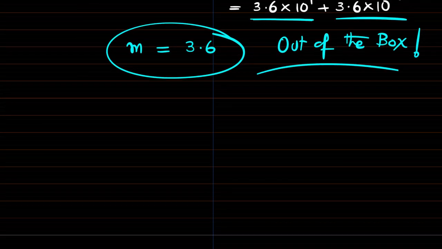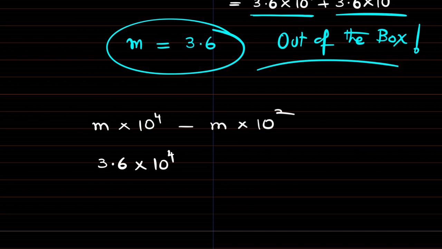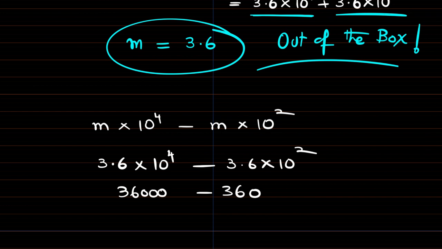Now let's go to the last part, which is simply easy peasy. That is m into 10 raised to power of 4 minus m into 10 raised to power of 2. This is 3.6 into 10 raised to power of 4 minus 3.6 into 10 raised to power of 2. This is 36,000. This is 360. The answer is same as before. That is 35,640.